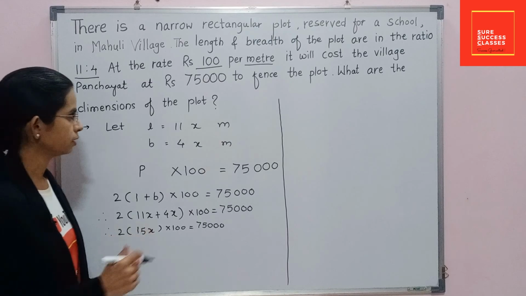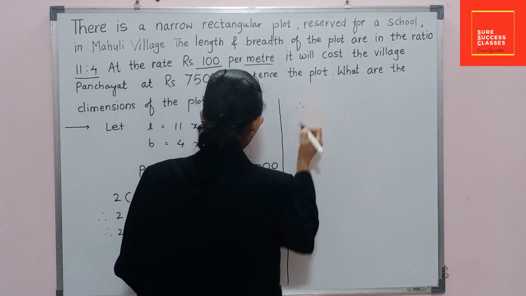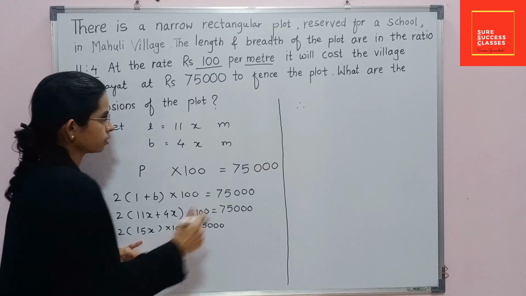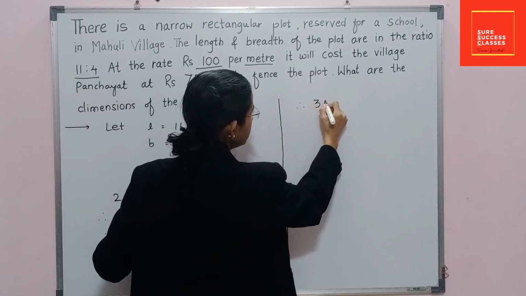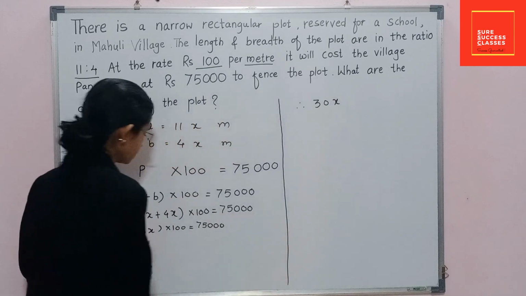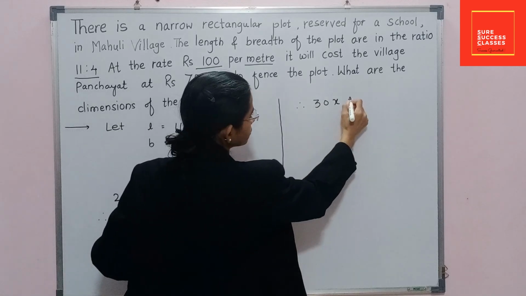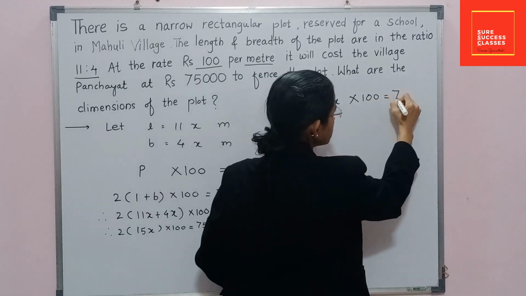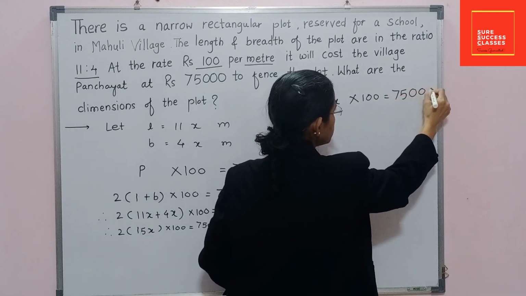We will write next step. 2 into 15x means it is nothing but 30x into 100 is equal to 75,000.